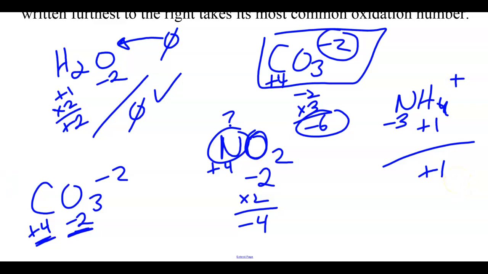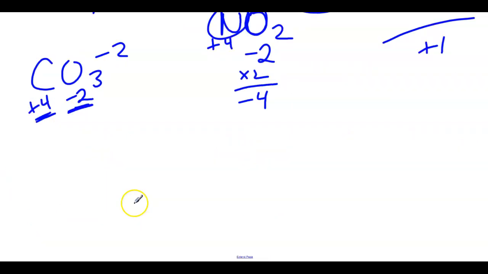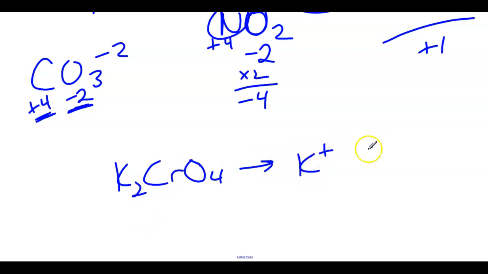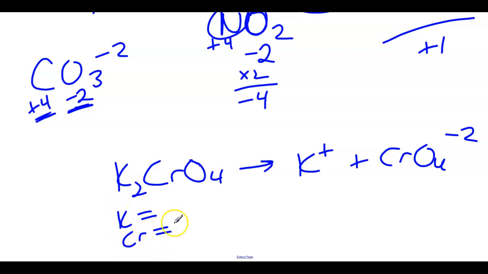Now, if you have an ionic compound that has a polyatomic ion in it, let's say something like potassium dichromate, the easiest way would be to think of this as the separate ions. So really this is potassium and dichromate. This will help you when you're assigning numbers. I know I'm going to have to assign a number for each of these: potassium, chromium, and oxygen. But potassium is just a regular ion with a single charge, so potassium is +1.